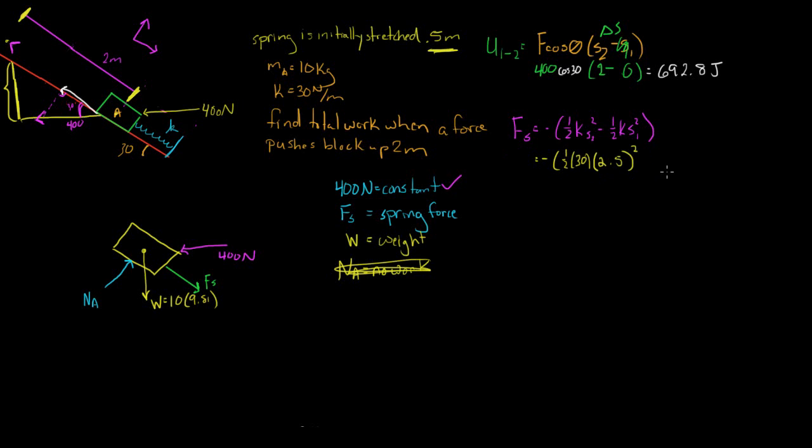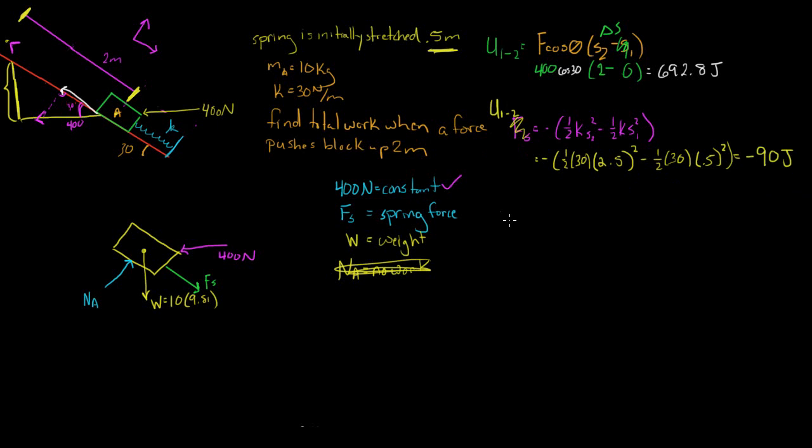So that's going to be squared, minus 1/2 times 30 times the amount the spring is stretched in the initial position when we start looking at our system. So it's initially stretched 0.5 meters. And if we do this calculation out, we get minus 90 joules. And this should actually be the work from 1 to 2, not a force of a spring.